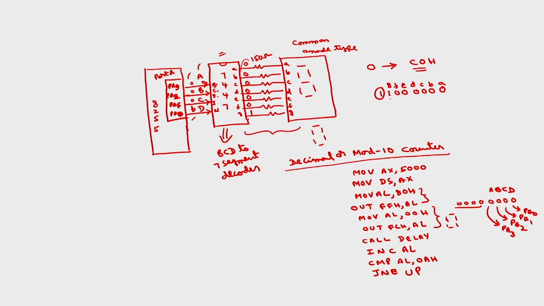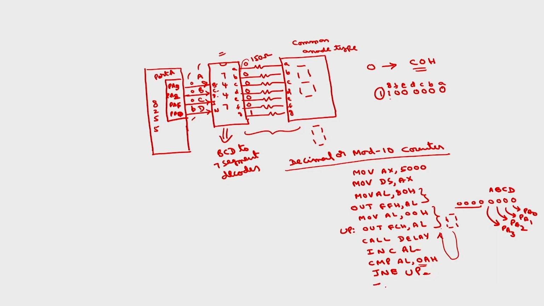Because you have incremented and output, this is the up. So this will display 1 now, then in the next loop it will display 2, next 3, next 4, next 5 up to 9. After 9, AL becomes 0AH, and we are comparing this 0AH with 0AH. So this will be equal, the jump will be false, and it will come out of the loop.